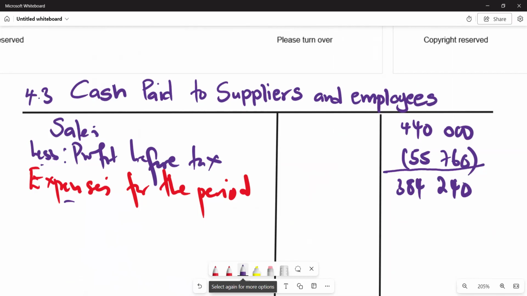So basically, the expense figure is positive, so let's put a negative. If the expense figure was negative, it means we are going to show it as a positive. So having that now, we can now try to make some adjustments. So we can just say adjusted for.